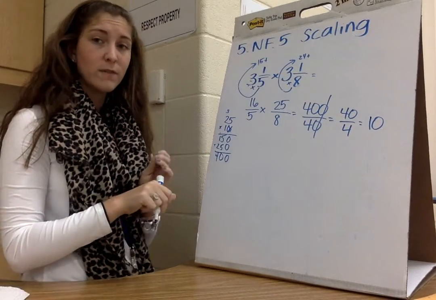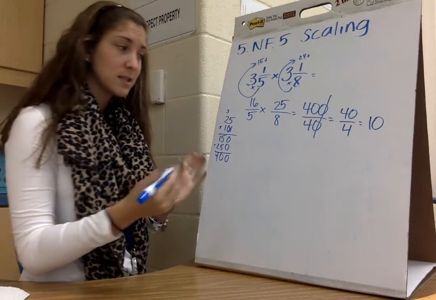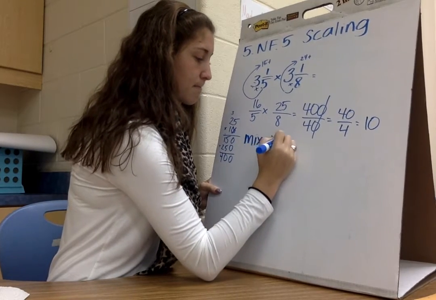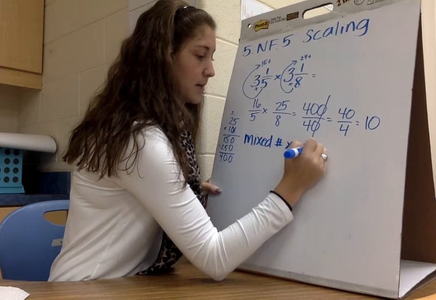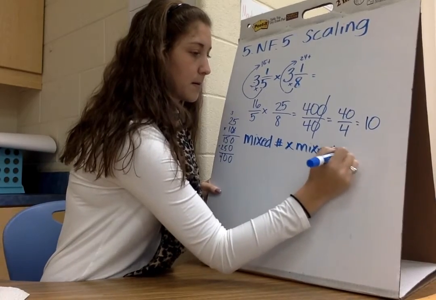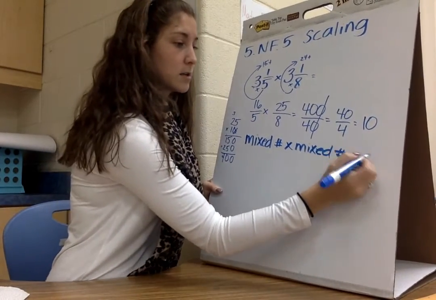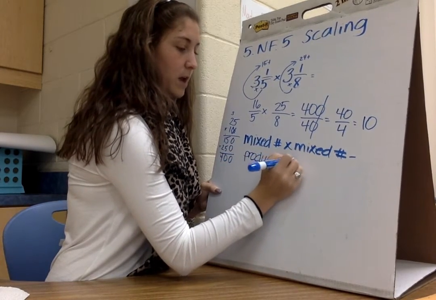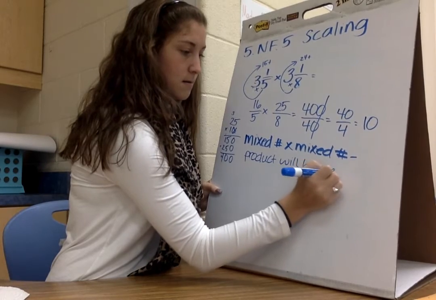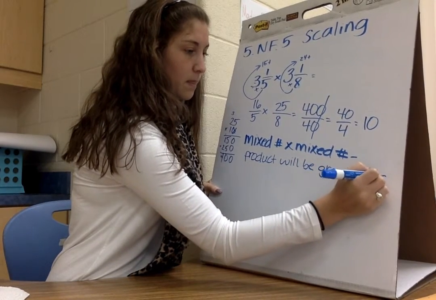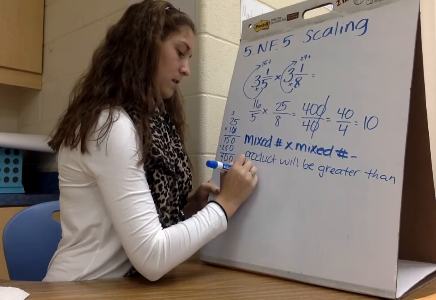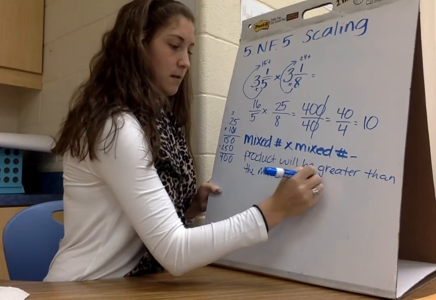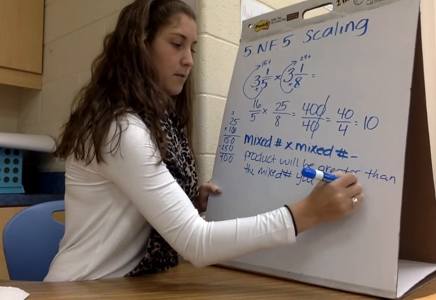So from what we've done here, we can also make the assumption that when you multiply a mixed number times a mixed number, your product will be greater than the mixed number you started out with.